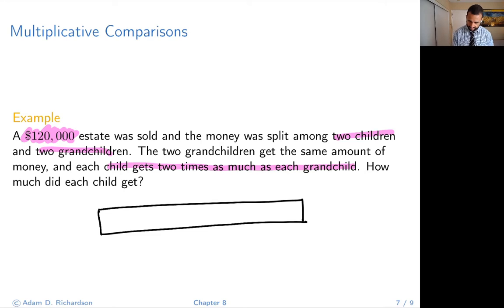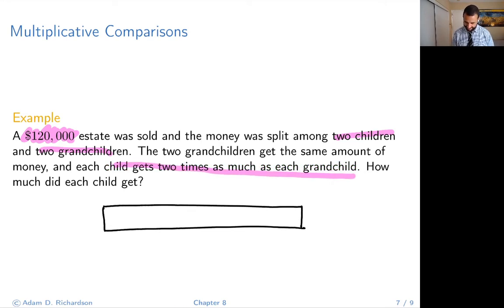Okay, maybe I can turn that a little bit to make it a little prettier. So this strip right here is going to represent the $120,000. Now it's going to be split up between 4 people, but it says here that the two grandchildren get the same amount, and each child gets twice as much as each grandchild.